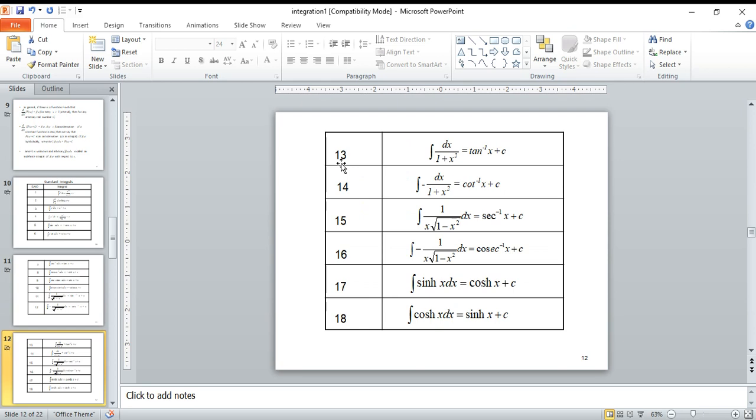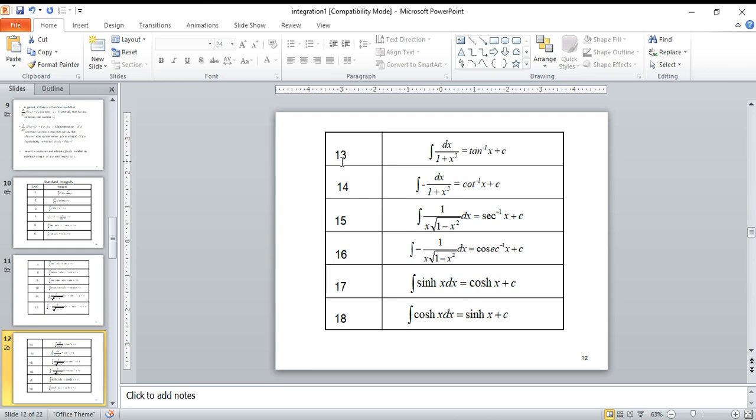The derivative of tan inverse x is 1 by 1 plus x square, so integration of dx by 1 plus x square equals tan inverse x plus c. And the 14th one, integration of minus dx by 1 plus x square equals cot inverse x plus c.